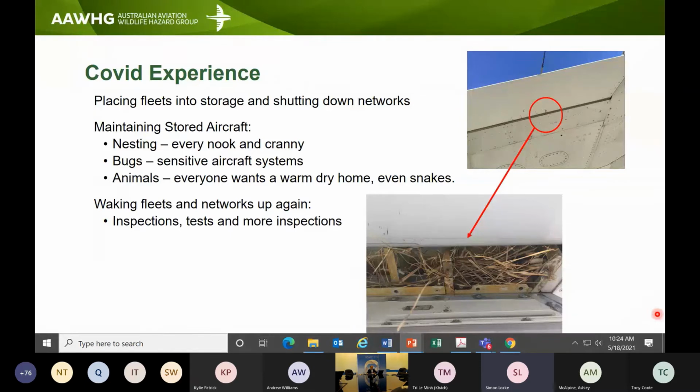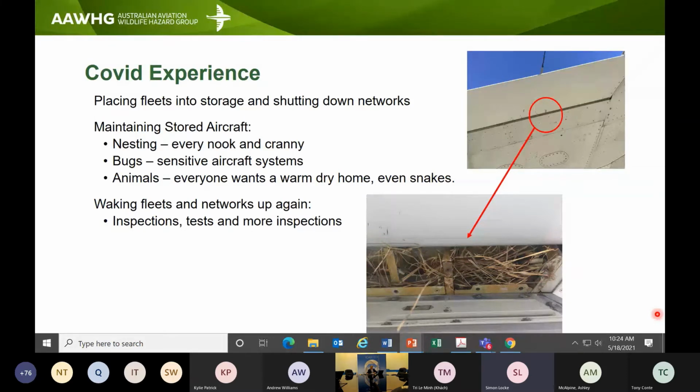And I'm not sure if everyone's aware, but over the last 2 years, I have seen the most revisions from all the OEMs, all the aircraft manufacturers, to their maintenance programs than in the last 10 to 15 years, because of all the sudden discoveries about what animals do with aircraft when they're parked for a long time all around the world in different environments. And almost every other week, there were revisions from the manufacturers saying, you need to inspect here, you need to look here, you need to check for this, you need to check for that.